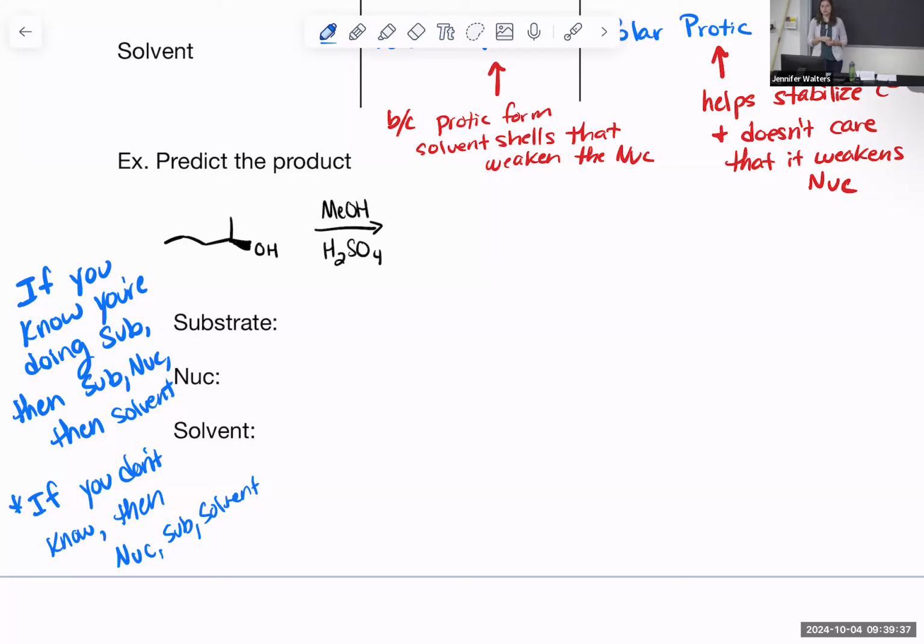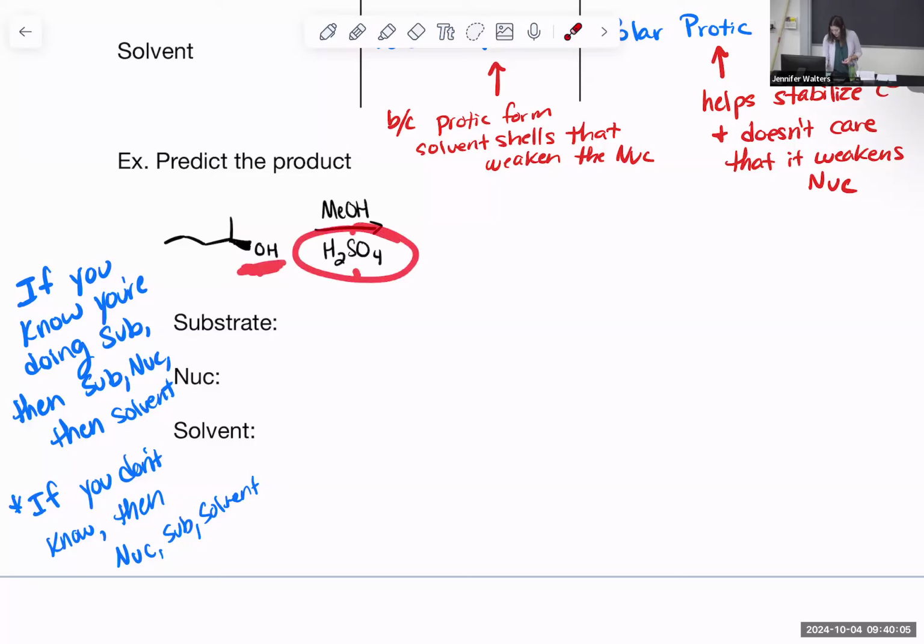But if you're just trying to pick SN1 versus SN2, it'll be a lot faster to just separate the substrates. So we're going to look at this, and we're going to go, all right, for this substrate, is that going to be primary, secondary, tertiary? Secondary. So this is ultimately going to be our leaving group.